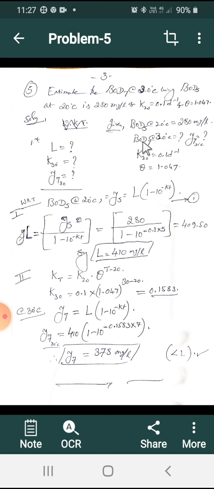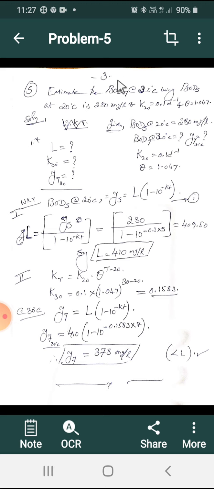Now let us start with one more problem. This is another type. Estimate the BOD 7 at 30 degrees centigrade, using BOD 5 at 20 degrees centigrade, which is 280 milligrams per liter, and K20 is equal to 0.1 per day, and theta is equal to 1.047.